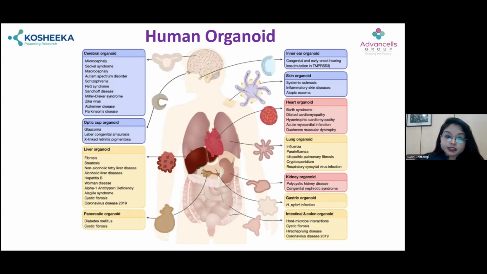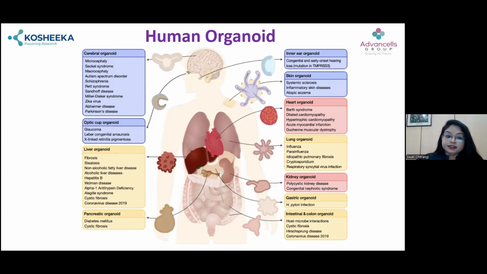Then optic cup organoids have been developed to study glaucoma or retinitis pigmentosa disease. For liver, organoids have been developed to study hepatitis, cystic fibrosis, coronavirus, because coronavirus is also infecting the liver.